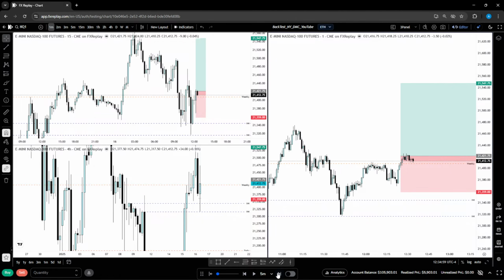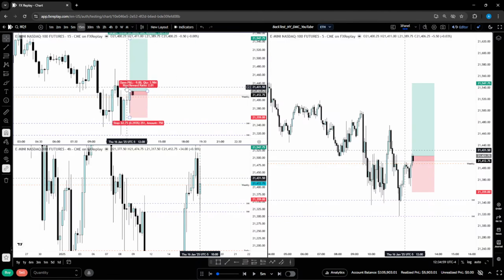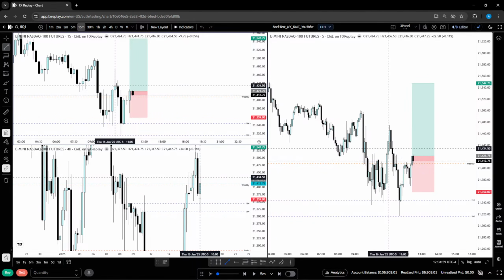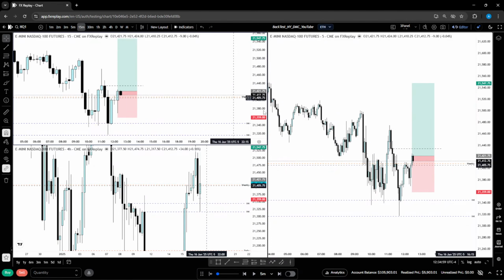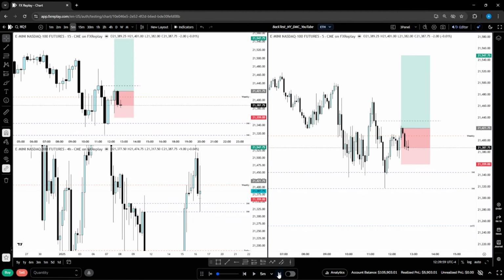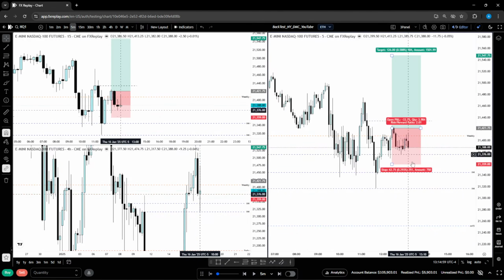A couple more candles, if you can see this 15 minutes being taken. Let's go to 1 o'clock. So we're now being rejected from this level still.